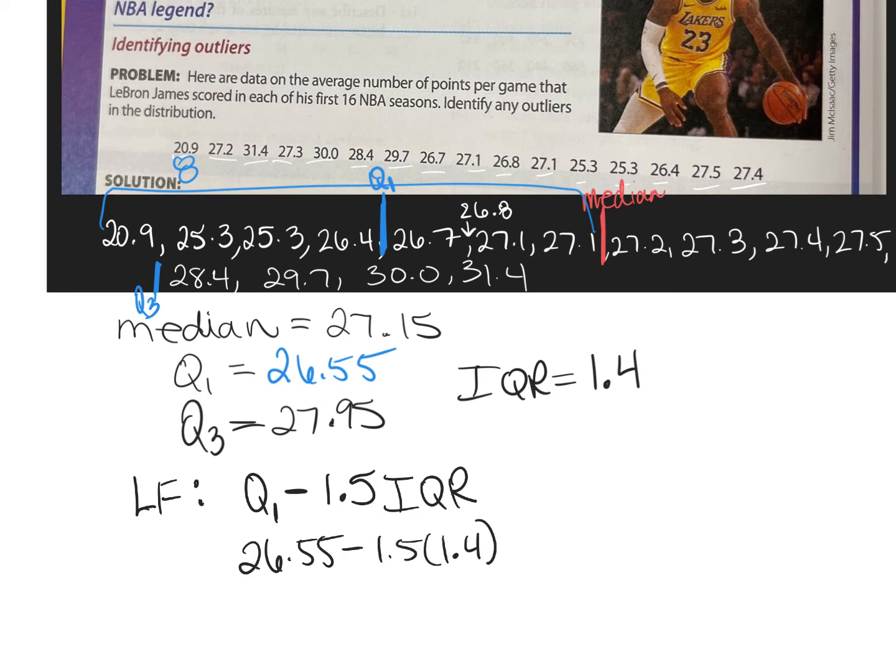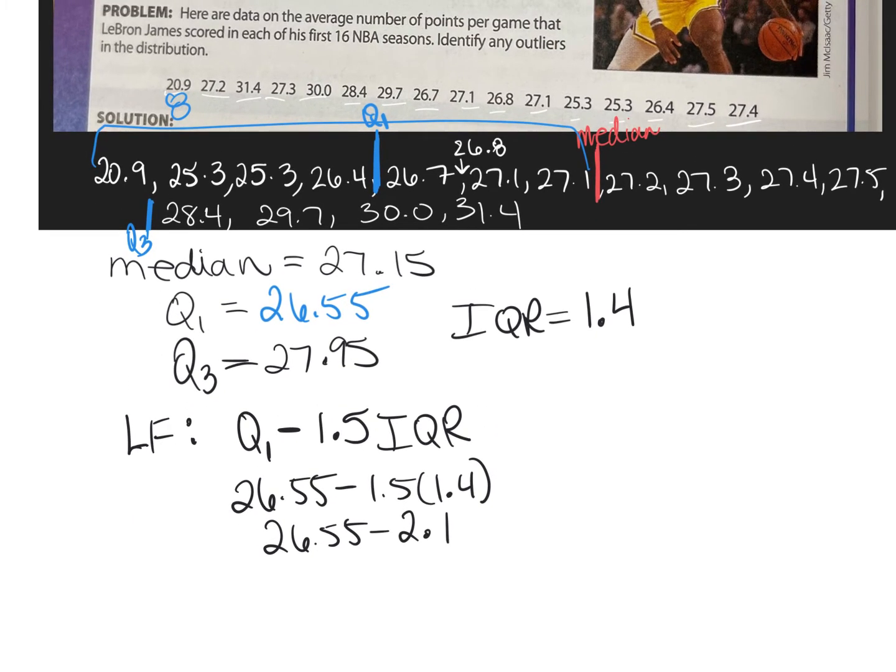What is LF? Lower fence. So 26.55 minus 2.1 is 24.45. Then my upper fence is the Q3, right?